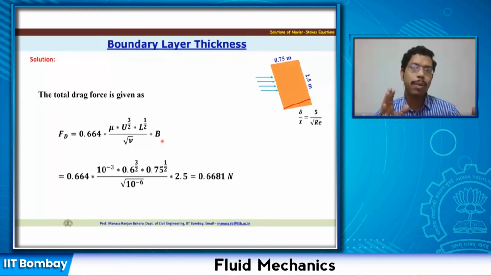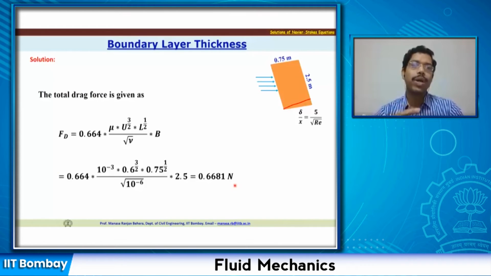For a certain width you have to multiply with the exact width to get the answer. I think here it should be mu to the power 1 by 2, based on the expression that we derived. Anyway, by substituting all the values we finally get 0.6681 Newton.